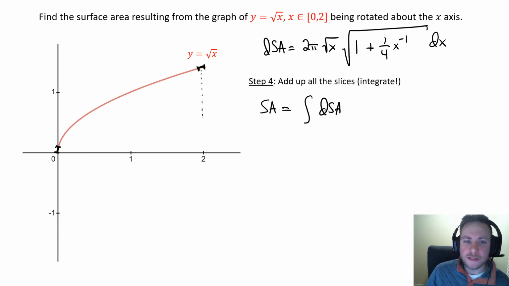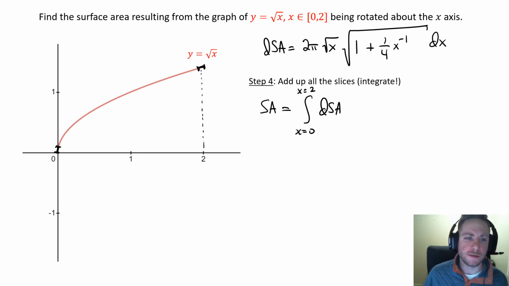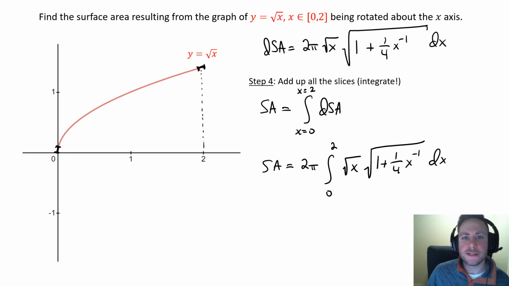Those, as always, indicate the position of our first and last slices, and we can look to the diagram to see that those are located at x equals 0 and x equals 2 respectively. So we'll use those as our limits, and we're ready to proceed. Once we plug in our formula for dSA, we're done setting up this integral, and all that remains is to calculate it.